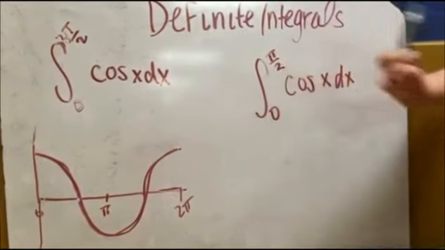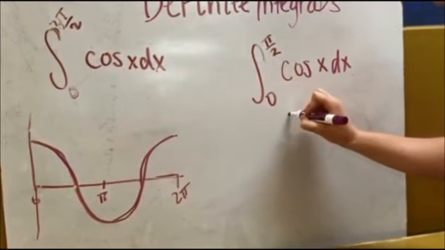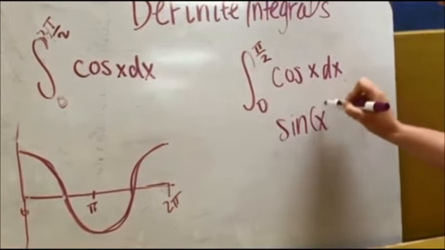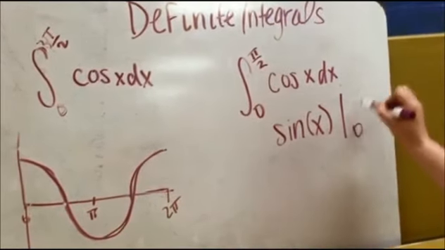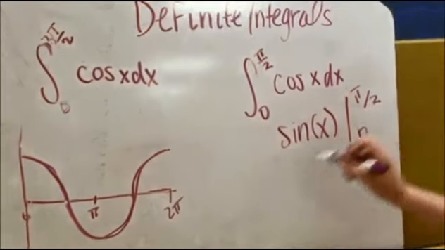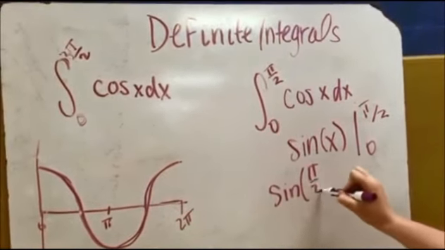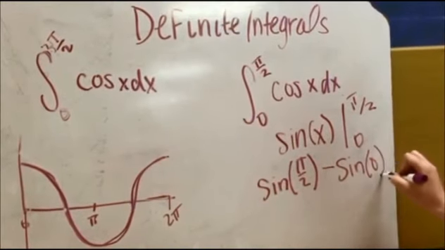We will do 0 to pi over 2, the positive part, and we will take the integral, which will then be sine of x. So we will plug that in and evaluate from 0 to pi over 2. We will do sine of pi over 2 minus sine of 0.